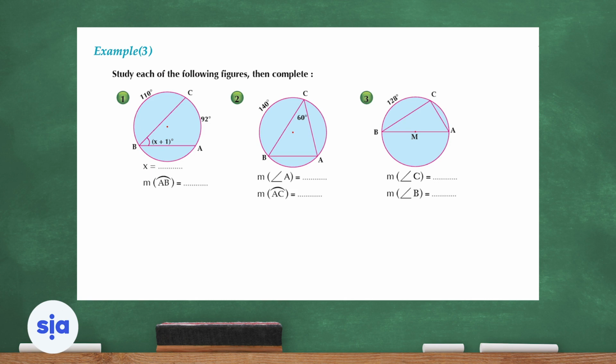So, in this case, x plus 1 equals half the 92. So, x plus 1 is equal to 46. So, x equals 45.